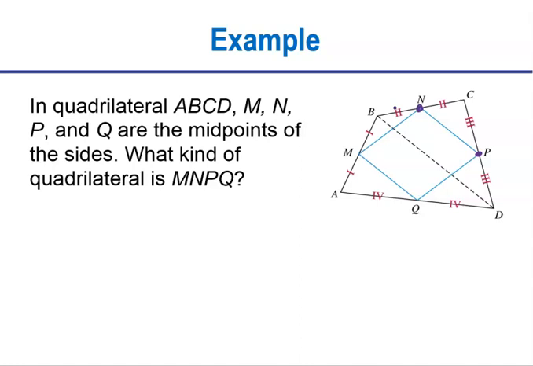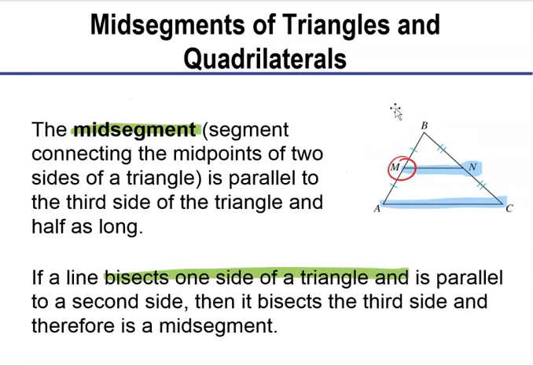Let's go back and look at that. All right, so what does it say? That if M and N are mid-segments, so M is the midpoint of AB and N is the midpoint of BC, then we can say MN is parallel to AC. I wonder if we can use that.